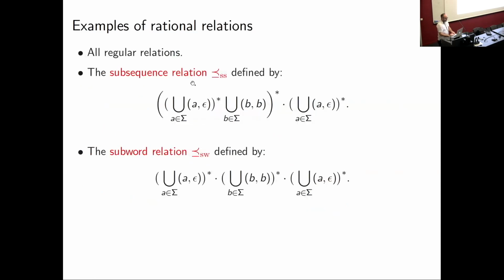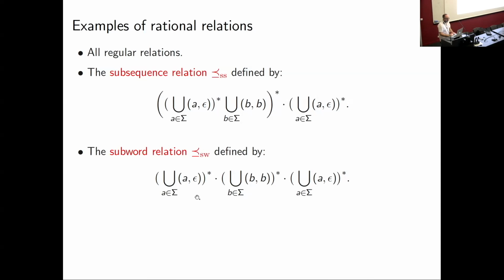So for instance, the subsequence relation is rational. I mean scattered subsequence here. The only thing that you have to check is that you can synchronize the whole word. The subword relation is also rational.